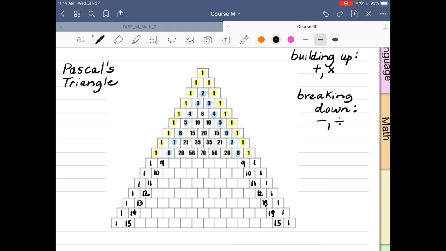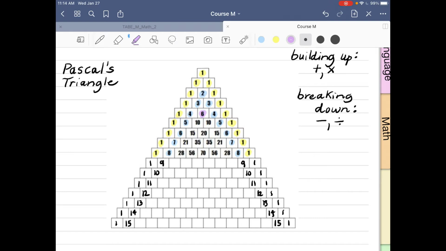Then we have to focus on this 6, because then the pattern gets a little bit harder to see. If you go from 6, 10, 15, 21, 28, there is a pattern there if you think about it, but I'm not going to delve into that.